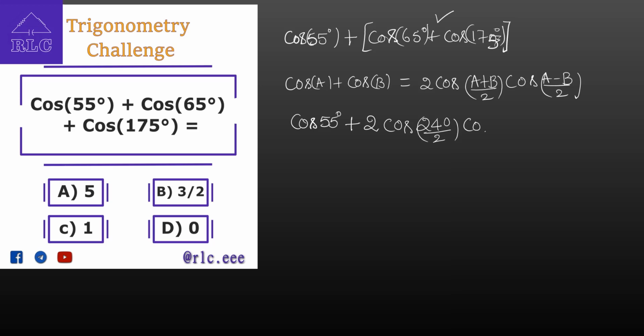Similarly, cos A minus B, so how much will we get? 175 degrees minus 65 degrees, that means 110 degrees by 2. So cos 55 degrees plus 2 cos, this is how much? 120 degrees. Cos 120 degrees.